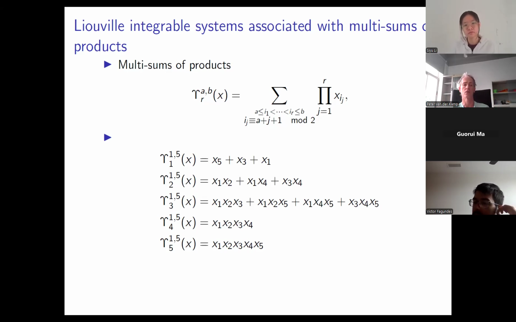So we would have enough integrals, but we also wanted to show that they were in involution. To prove the involutivity of all these integrals for these maps, we studied these particular multisums of products, and we derived commutation relations for those, so Poisson brackets I'm talking about.